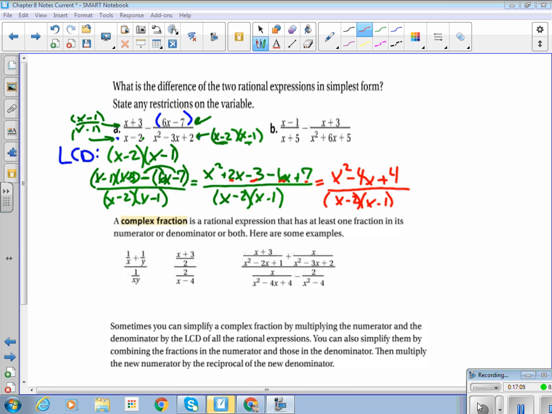It does want it in simplest form, so we're going to go ahead and multiply out. I'm going to look first, can I factor this guy? X squared minus 4x plus 4. Negative 2 times negative 2 is positive 4, and negative 2 plus negative 2 is negative 4.